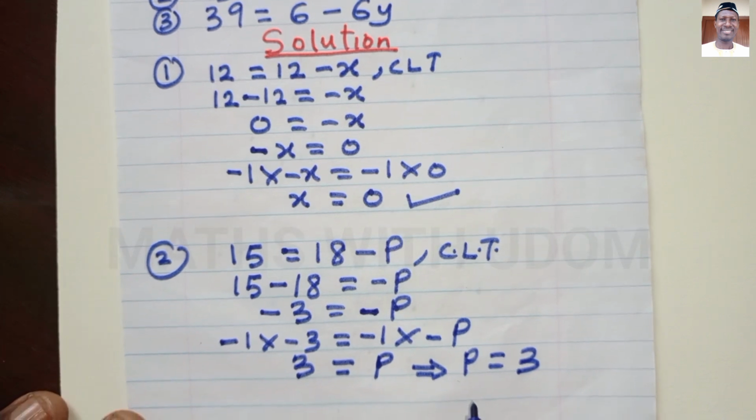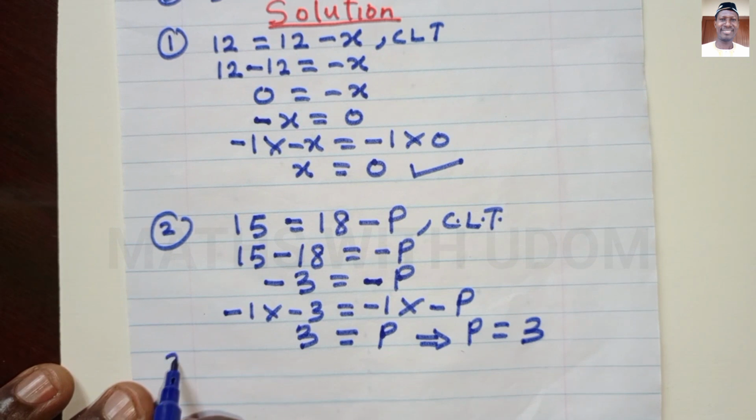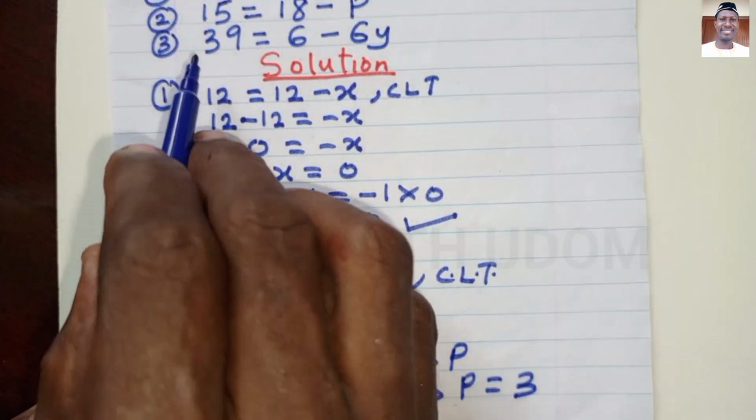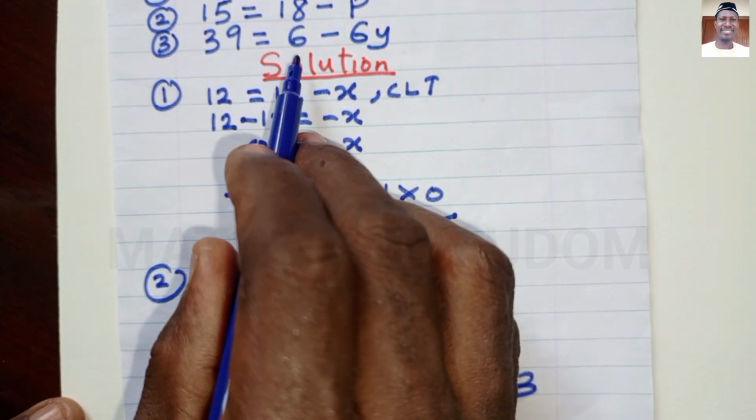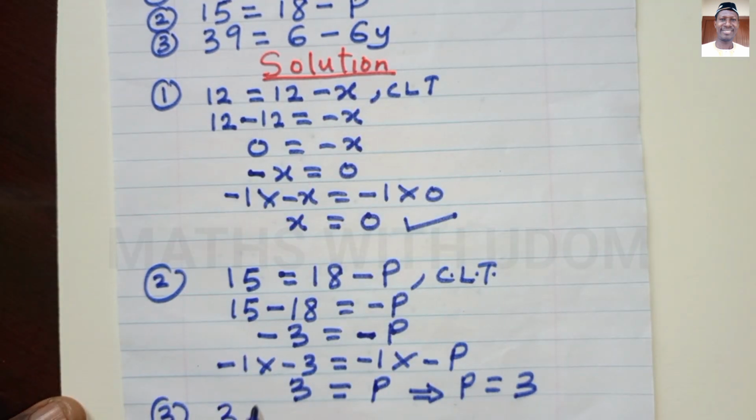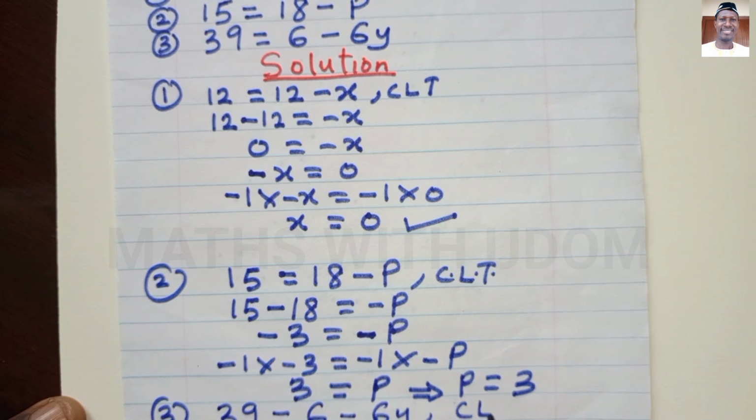Then let's look at the third one, number 3. Question 3 says 39 equals 6 minus 6y. The first thing to do is to collect like terms.